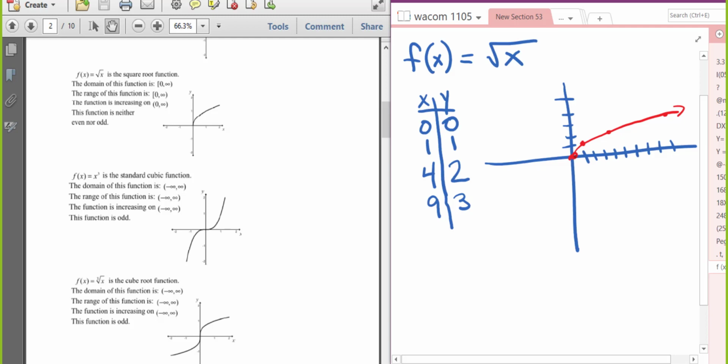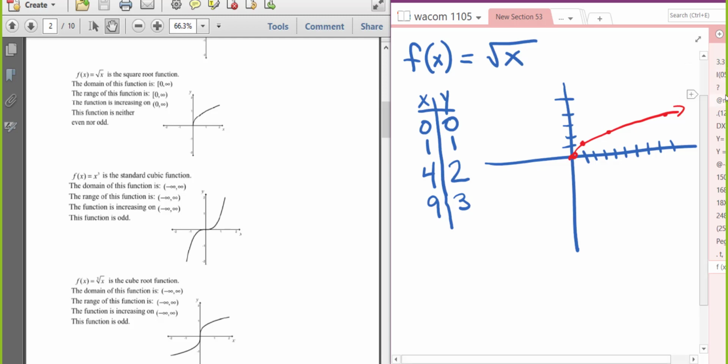This one, your domain, the leftmost point is going to be 0. It is included. So up here, your range is also going to be bounded at 0. This actually will go up forever.